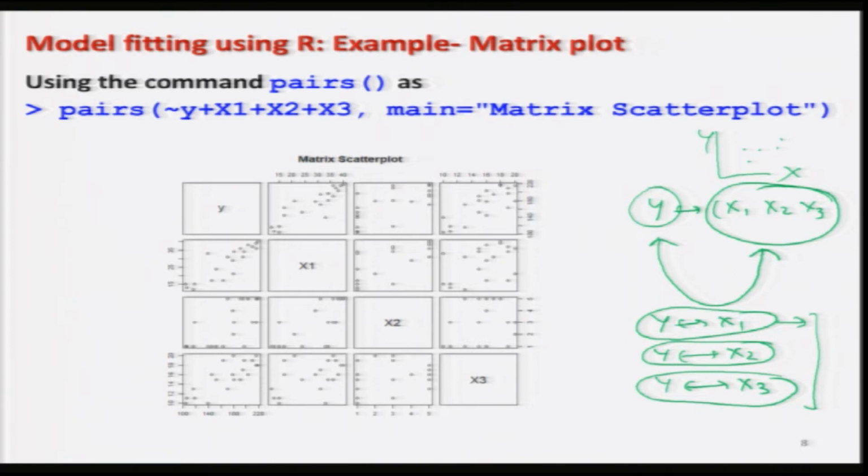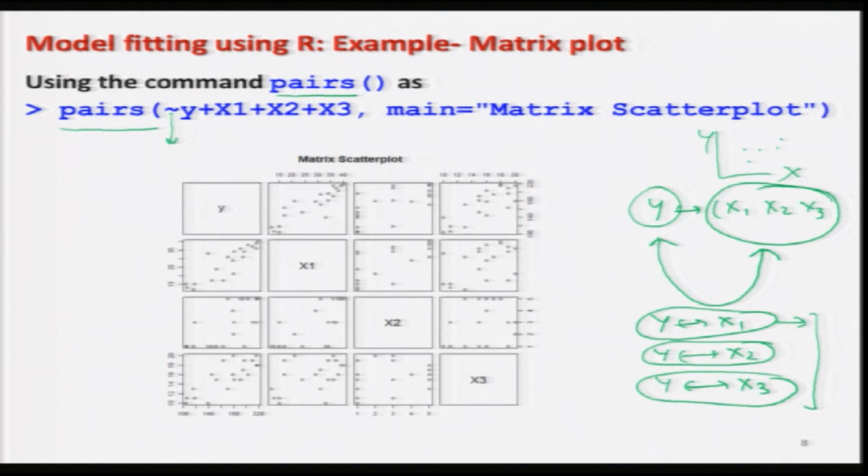In order to create a matrix scatter plot, in R we have a command, pairs, P-A-I-R-S, and it has to be used like this: pairs, and inside the parenthesis you first use the tilde sign, and then give all the variables for which you want to create the matrix plot.